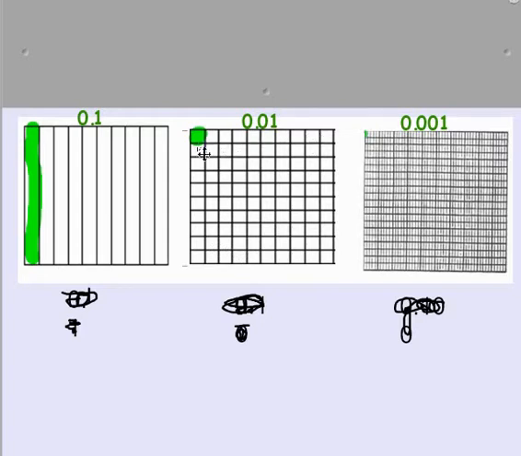So this is what 1/100 would look like. And then finally, if you have a whole that's divided into 1,000 ridiculously tiny little itty bitty pieces, that's 3 digits after the decimal point for thousandths, and that's what 1/1,000 looks like.